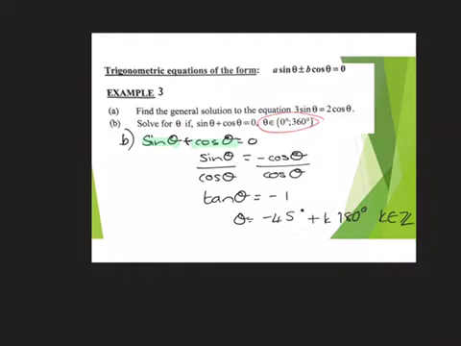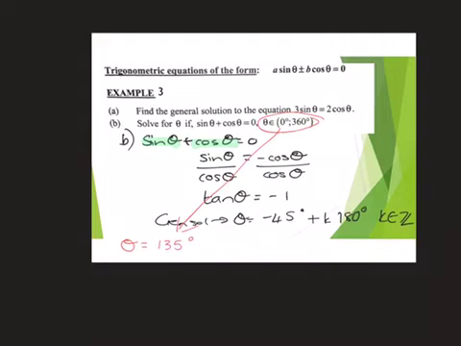Then, after we've done the general solution, we can go back to our question and do the specific answers. So in your calculator, you type in -45. Ask yourself, does -45 sit between 0 and 360? No, it doesn't. It's before 0, so we can't use that. But if I add, now remember for tan here, I'm adding 180, I get 135 degrees.